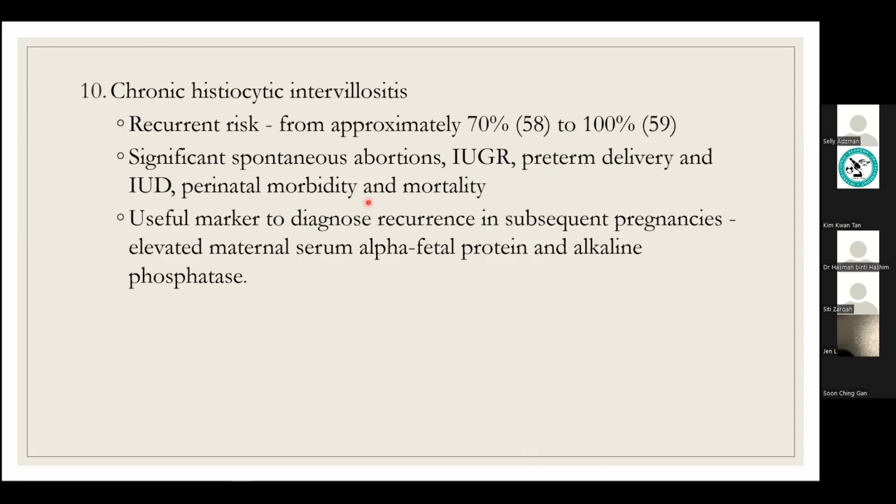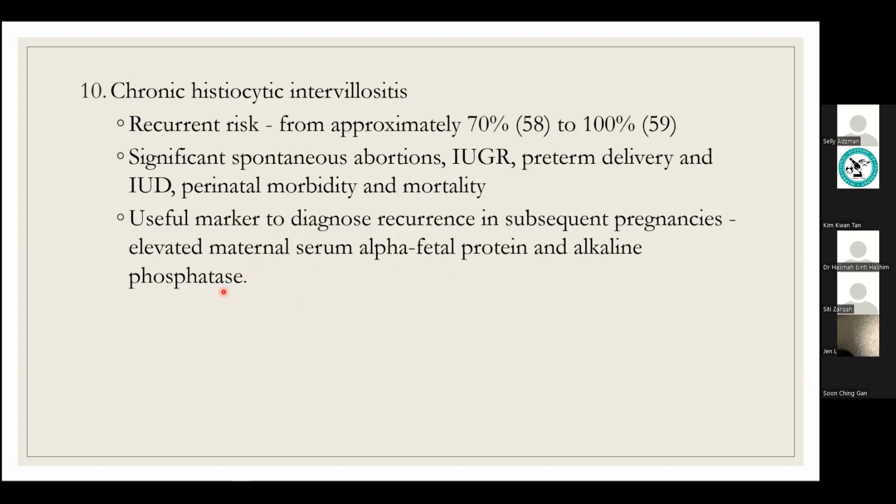So basically we have to inform the clinician so that they can plan the next pregnancy, manage and intervene early. Not sure about Malaysia, but for a mother who has had chronic intervillositis before, they will monitor the serum alpha fetoprotein and alkaline phosphatase.